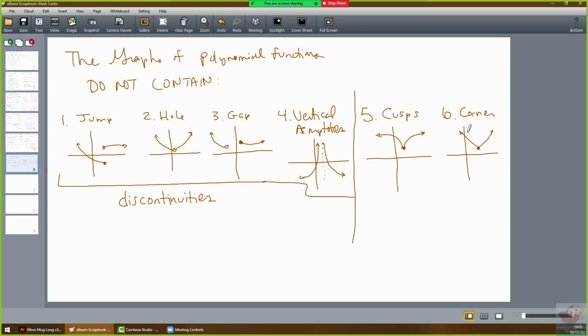Cusps are rare. I like to talk about them because that symbol is a symbol for an Aries, which is the best zodiac symbol, as everybody knows. Corners, notice that's the graph of an absolute value function. So absolute value functions are not polynomials. These two we would call not smooth.